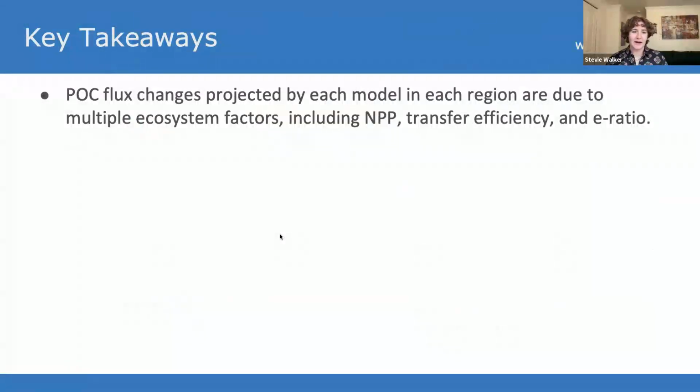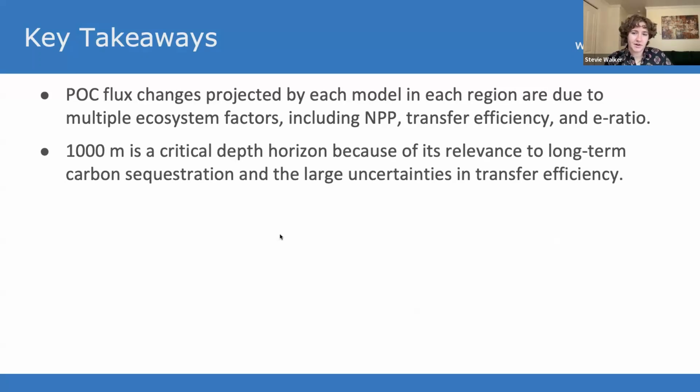So with that, I'll wrap up with some key takeaways. We talked a lot about how POC flux changes are driven by NPP, transfer efficiency, and E ratio. So these are going to be important variables to consider in the future. We also identified 1,000 meters as a very critical depth horizon to investigate in future studies because of its relevance to more long-term carbon sequestration and because transfer efficiency is so variable across the models.